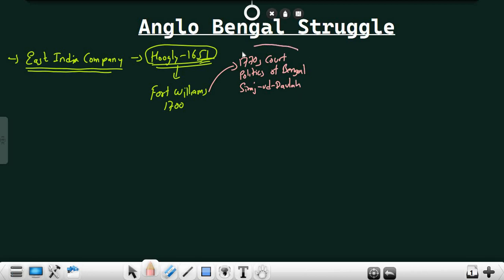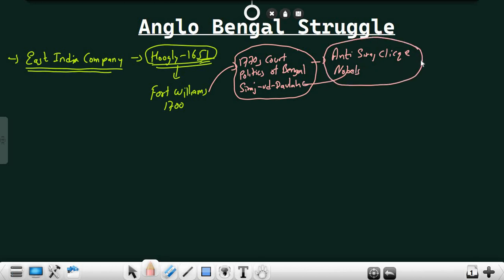In the court politics, what the East India Company was basically doing was establishing an anti-Siraj clique. They were instigating the nobles to stand against Sirajud-Daulah. And when they got successful in making an anti-Siraj clique, the result was the Battle of Plassey.